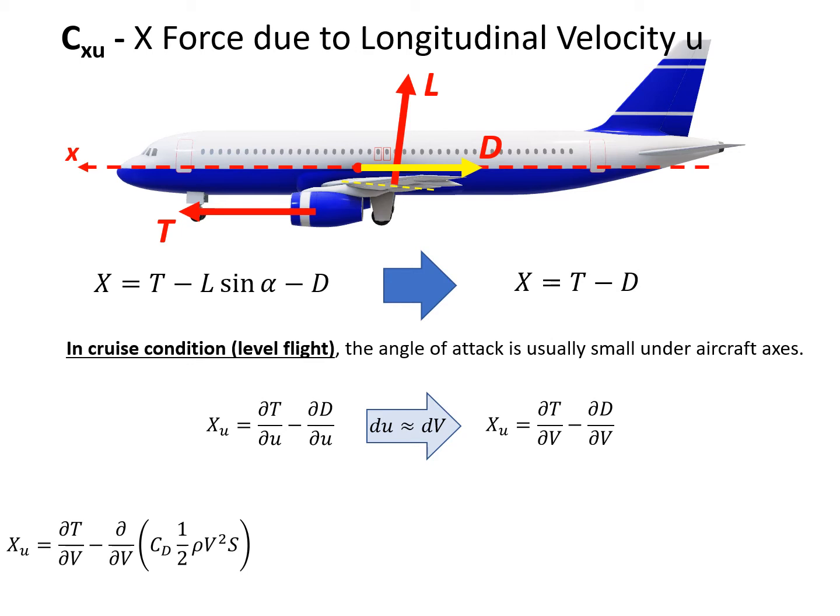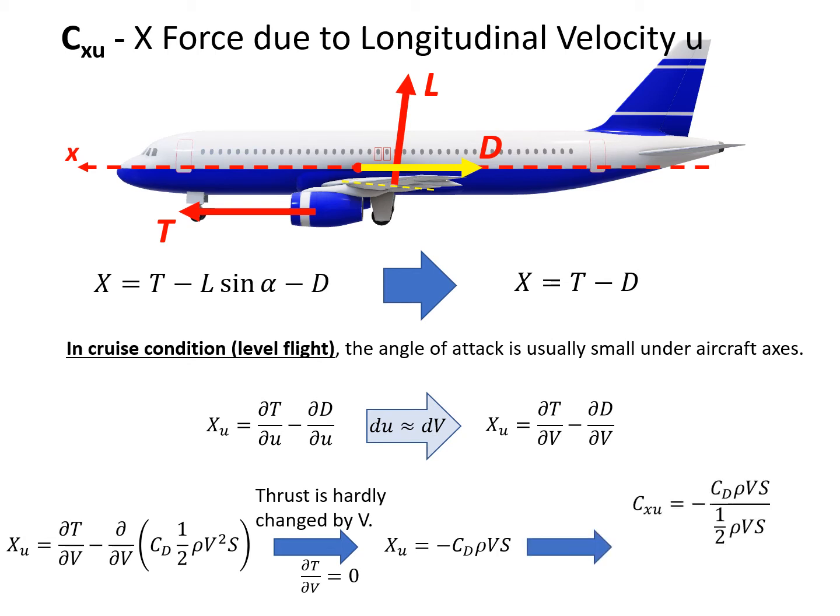Now we need to apply another assumption, which is that the thrust is hardly changed by your true airspeed. So partial T partial V is approximated by 0. And now X_u becomes minus Cd rho V S. So we did the derivative with respect to V. Okay, and the last step is the non-dimensionalization, we need to find a denominator for this X_u parameter.